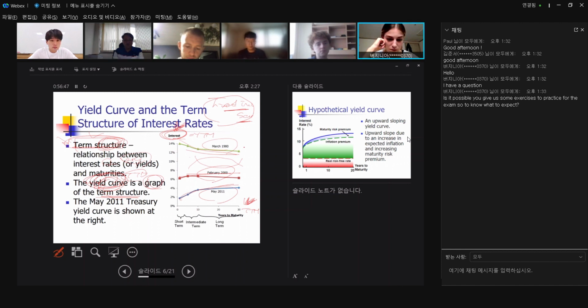Out of three, the yield curve may be downward, may be flat, may be upward. Which one is most popular? The green one, the red one, or the blue one? Maybe the flat one, the red one? Red one? Why is that?